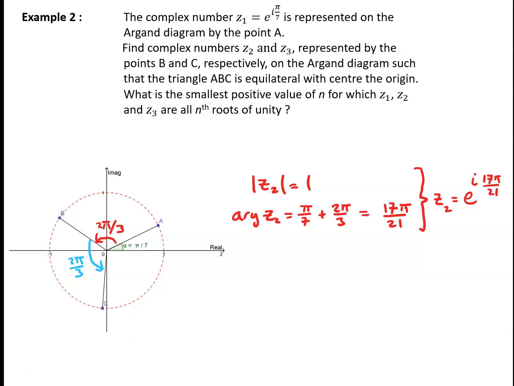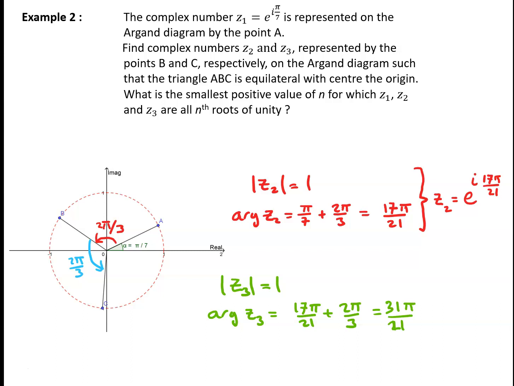Similarly, we can obtain the point C from the point B by rotating the point B anti-clockwise around the origin by 2 pi by 3 again. So this means that the modulus of z3 is still going to be 1, and the argument of z3 is going to be the argument of B, which was 17 pi by 21, add 2 pi by 3, and that gives me 31 pi by 21.